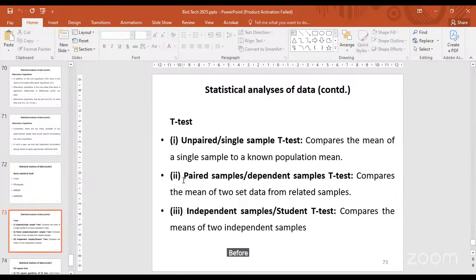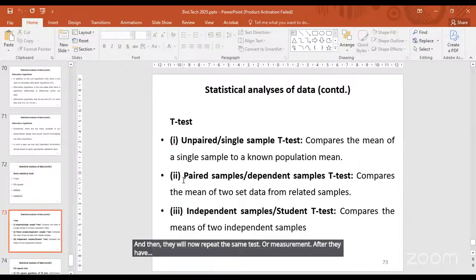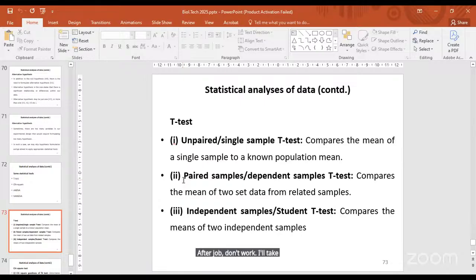Before they administer the drugs, they take some measurement, some assessment. And then they repeat the same test or measurement after they have given the drug. So that is the paired sample t-test. That is to say, the samples are two, but they are related.